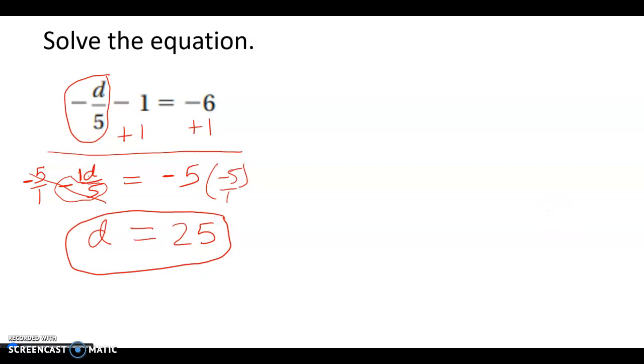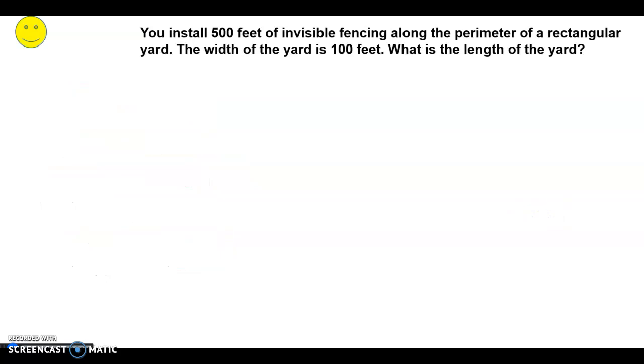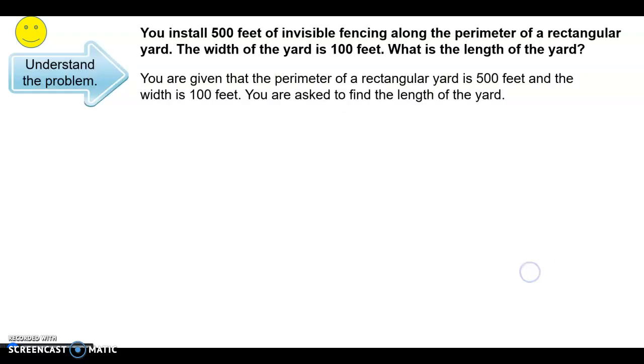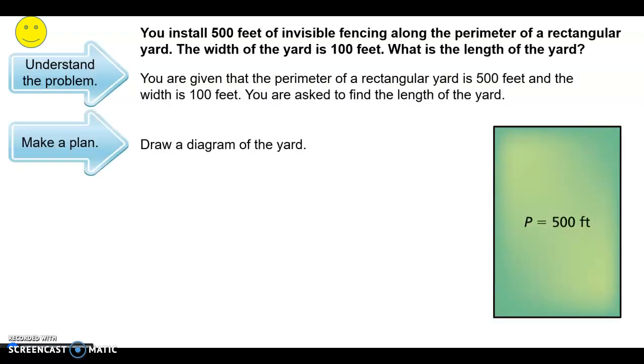And then the last problem's one from the book. It talks about you install 500 feet of invisible fencing along the perimeter of a rectangular yard. The width of the yard is 100 feet. What is the length? So we know the perimeter, we know the width. If we look at the rectangle, 100 is the width, so we're going to be looking for the length.